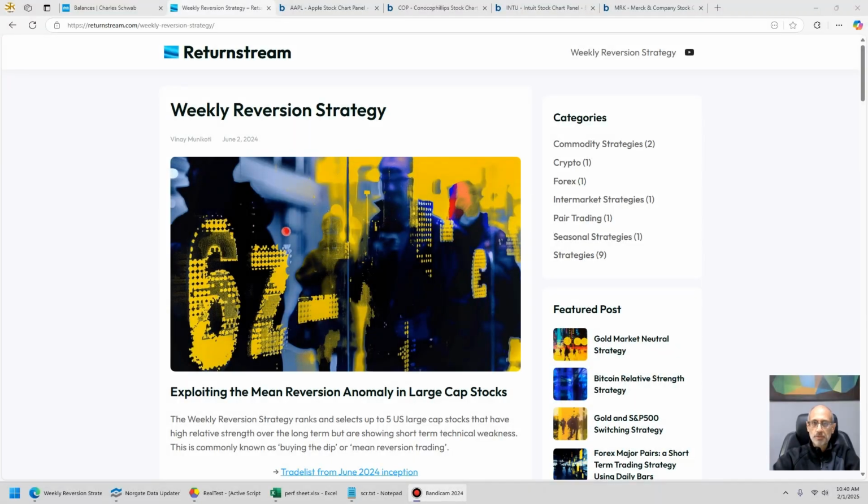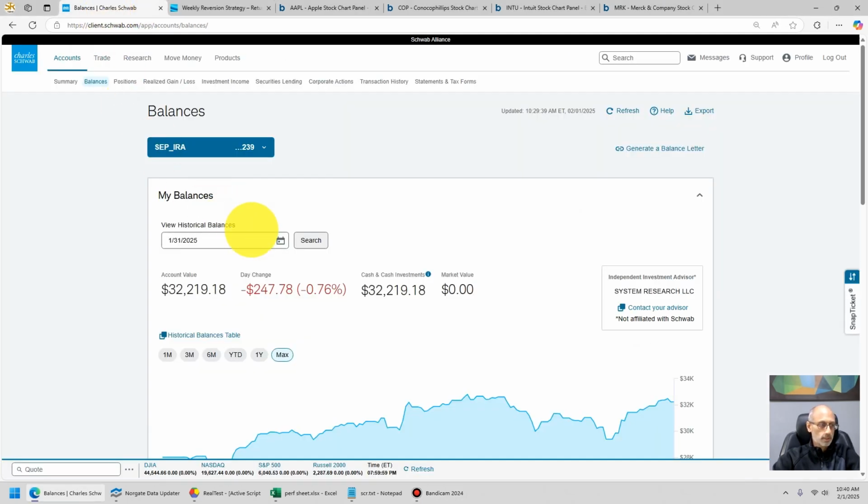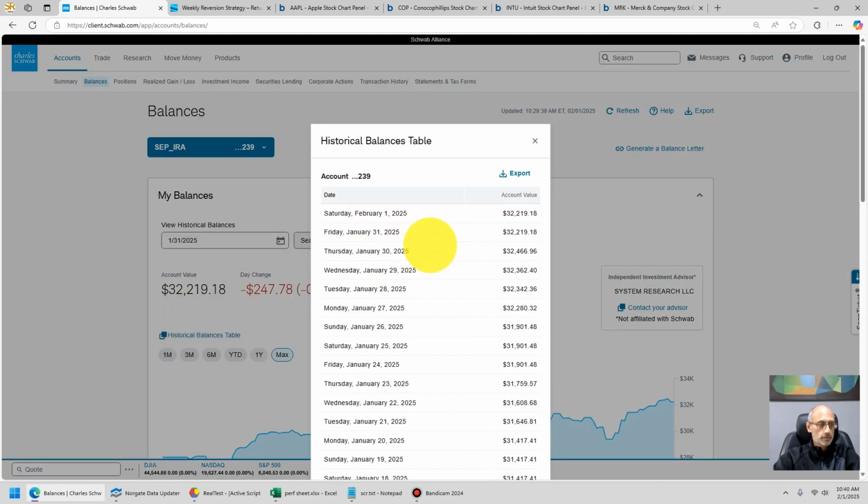This is the performance summary for week 5 of 2025, which was the week ending Jan 31st. So let's begin by inputting the starting and ending balances. The starting balance was the one on Jan 24th, where the account had 31,901.